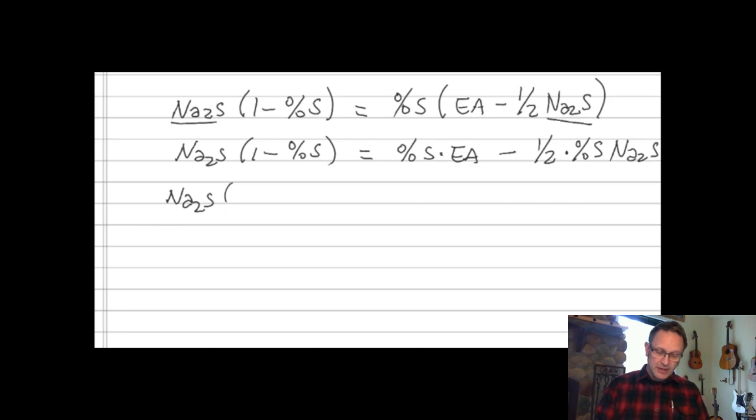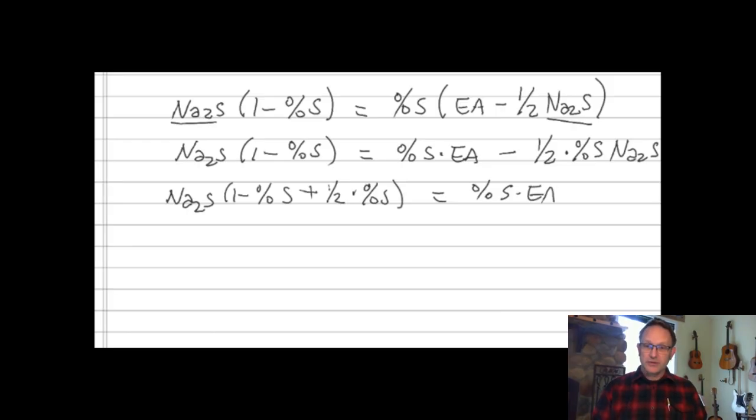Na2S times 1 minus the percent sulfidity, and we're adding percent sulfidity times 1/2 times the Na2S to either side of the equation. Pulling Na2S outside of the parentheses, that equals your percent sulfidity times your effective alkali.